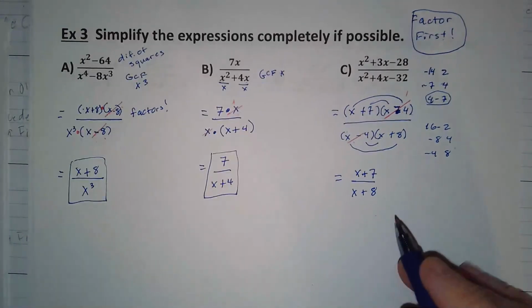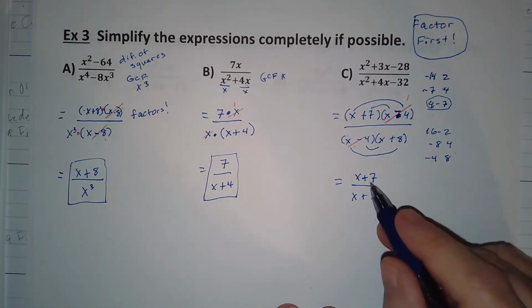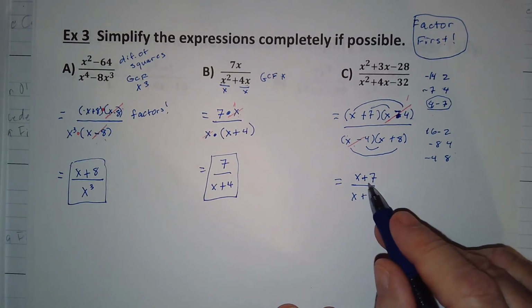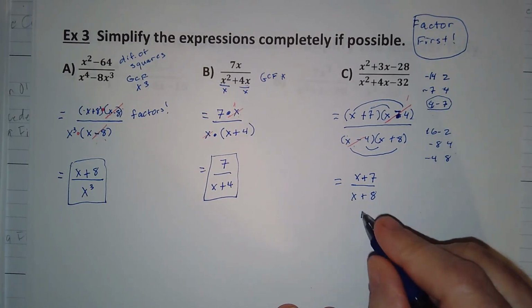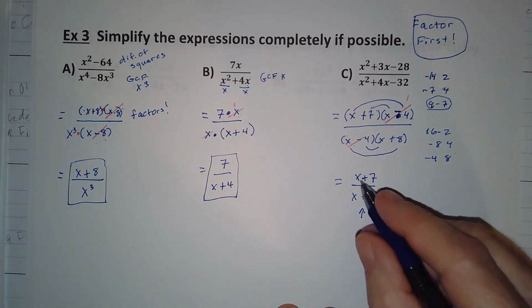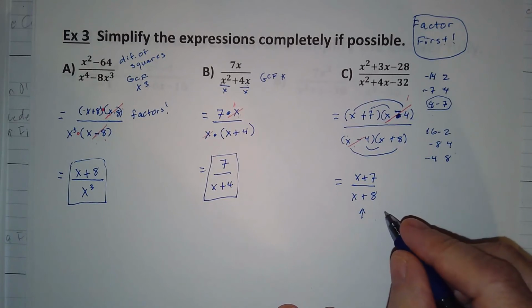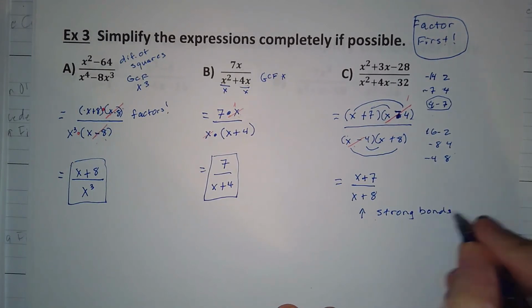Now just remember, at this point in time, the numerator and the denominator are addition problems. They're unlikes. You've got to leave them like this. You cannot break these bonds. You cannot divide out x and x. You can't do that, because a plus or a minus are strong bonds. You want to leave them alone.